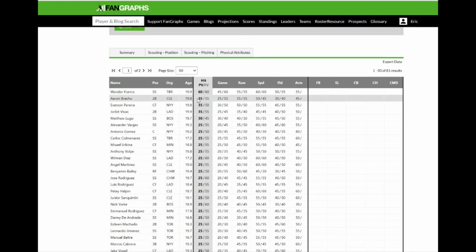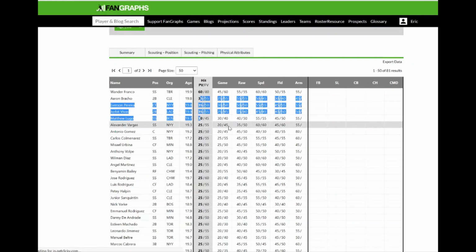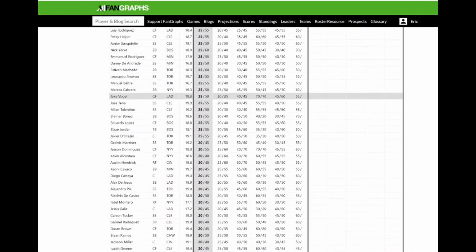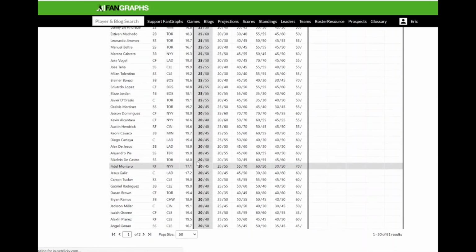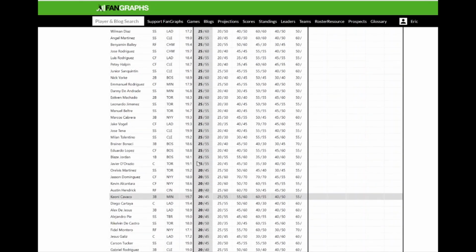But everybody else here is either about to turn 20, and so I've preemptively 30'd them, or has an advanced or raw hit tool designation for their present grade, right? And again, it's just because I think it's more telling. It tells you something that either this is raw for a teenager or it is advanced for a teenager.